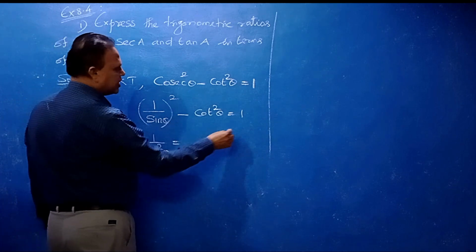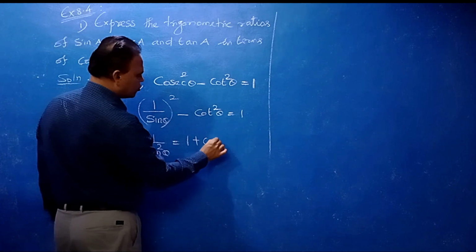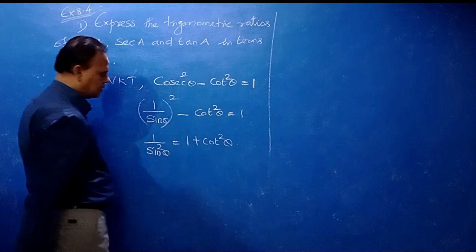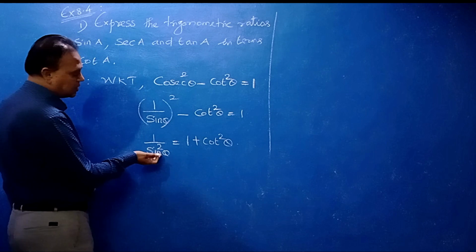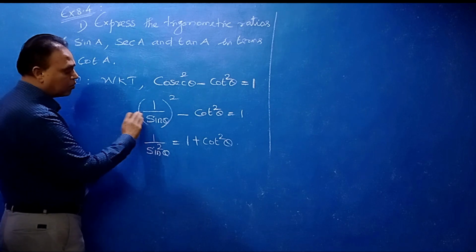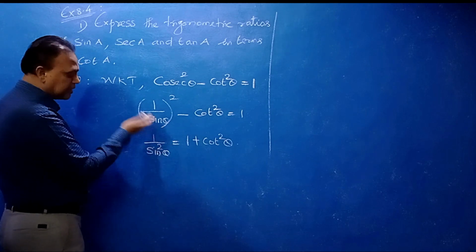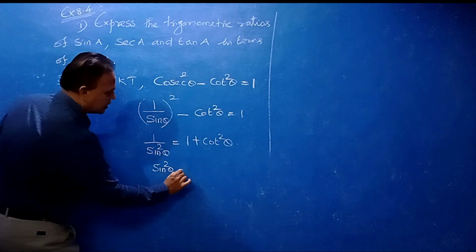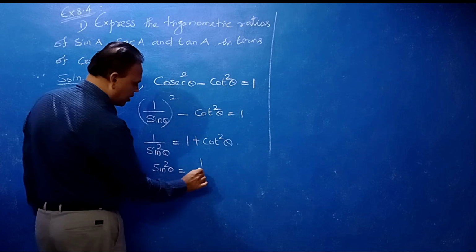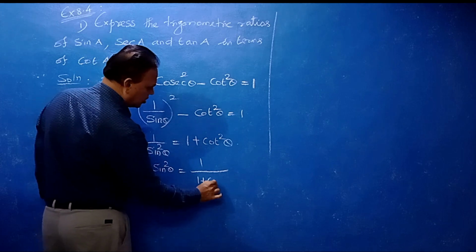This minus cot square theta, bring this side: 1 plus cot square theta. Now we need sin theta, so take the reciprocal on both sides. The reciprocal gives sin square theta equals 1 by 1 plus cot square theta.